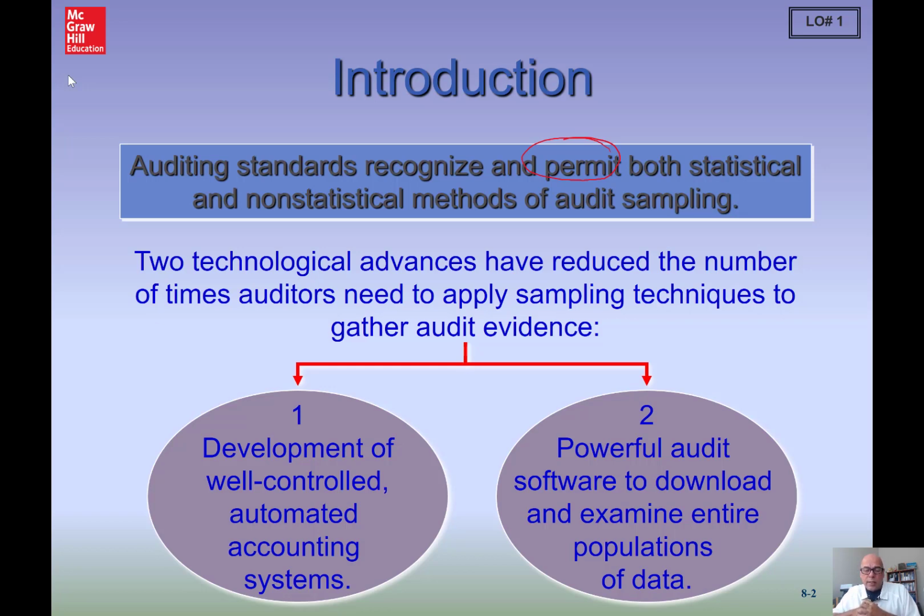We are allowed to, and it's going to have certain advantages, but we could also use non-sampling techniques, and we don't have to use statistical sampling. We could use both statistical and non-statistical sampling as well, and we're permitted to use both by standards. We are not required to use either statistical or non-statistical sampling.